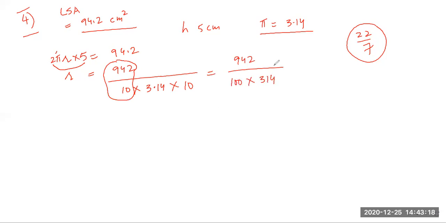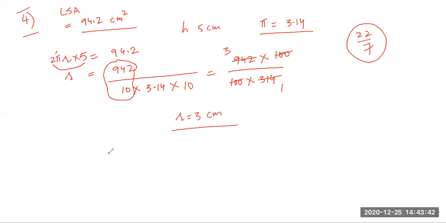Then it will be 314 divided by 100, and 100 cancels with 100. So 314 by 314 is 3. So radius is equal to 3 centimeter.